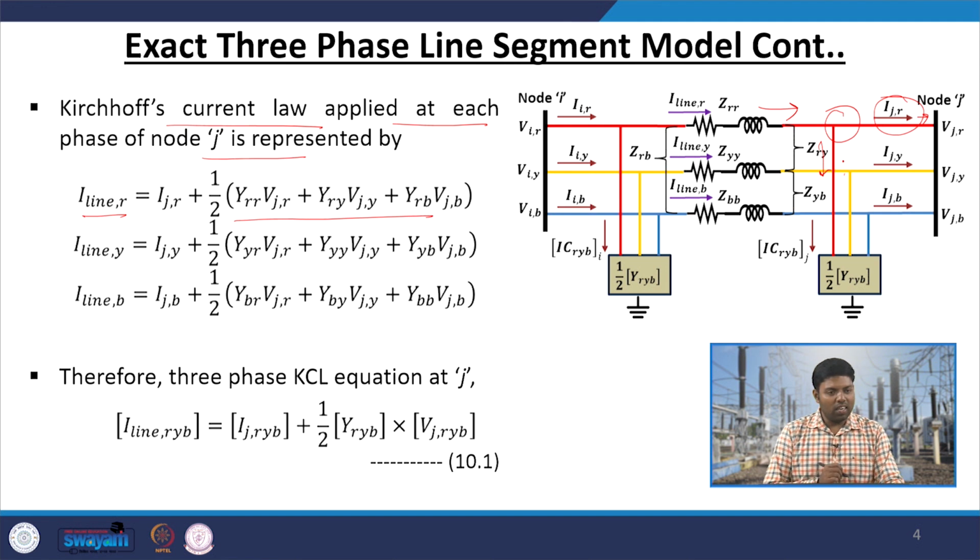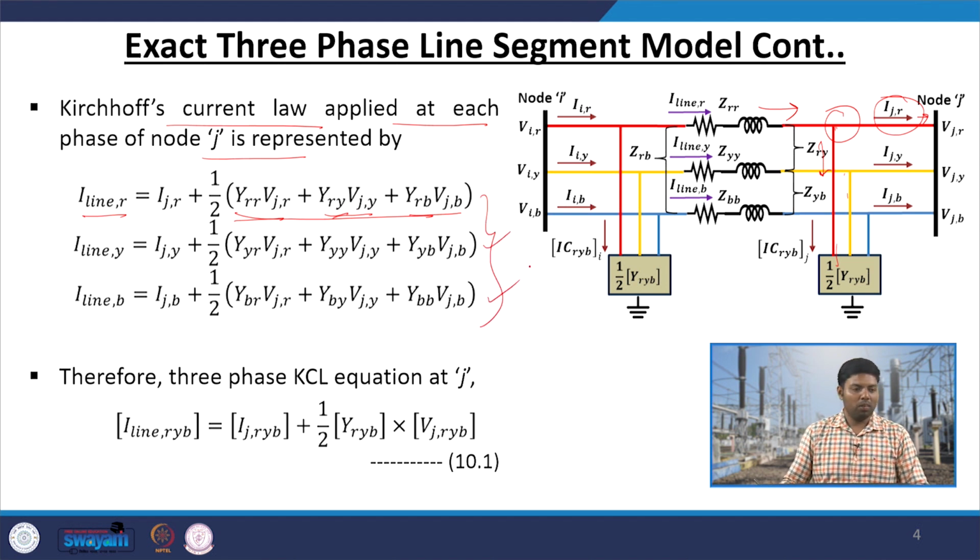That shunt current will be because of its own phase voltage and also because of the mutual admittances between the phases. So, this is y r r v j r plus y r y v j y plus y r b v j b. Similarly for the y phase as well as the b phase.